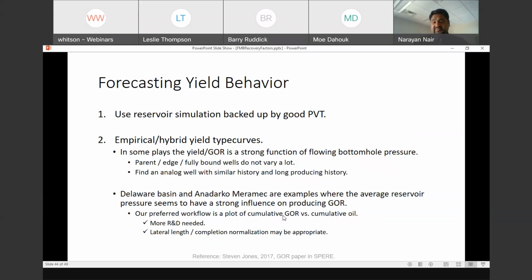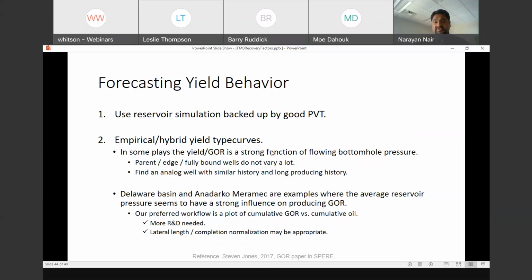The reason we like this particular plot, again, the source for this is Steve Jones' paper, is for one, it clearly displays the differences between a tight infill versus a parent, and it also helps rationalize. You can add public data in this plot as well. That's the plot we've ended up with.